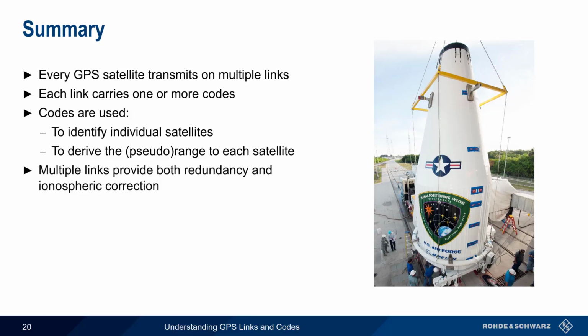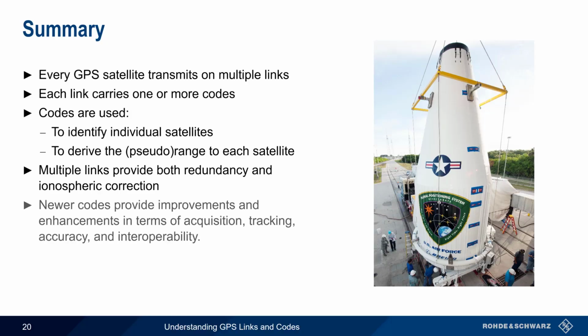Using multiple links provides redundancy, but more importantly, it also allows for correction of variable ionospheric delay, which is the primary source of inaccuracy in GPS. And lastly, numerous new codes have been added to the GPS system over the last several decades, and these provide improvements and enhancements in terms of satellite acquisition and tracking, position accuracy, and interoperability with other global navigation satellite systems.